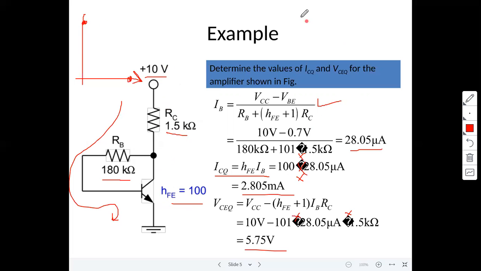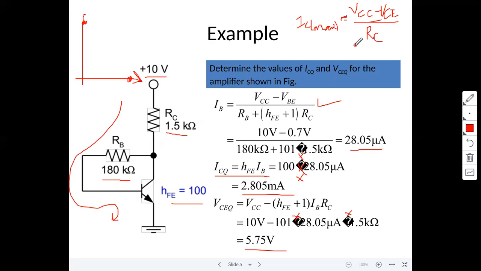What is the expression here? This is IC max, not ICQ. IC max is approximately equal to (VCC minus VCE) by RC.